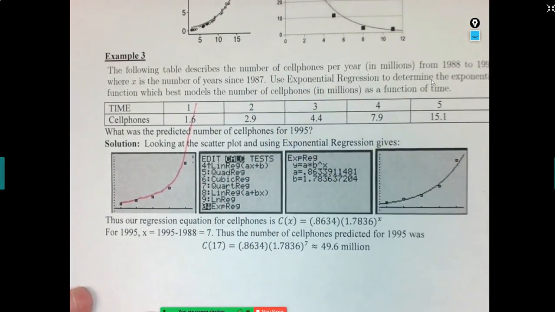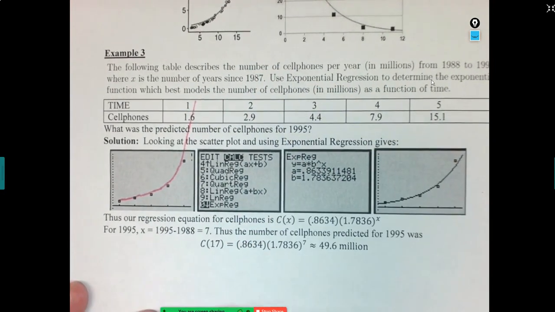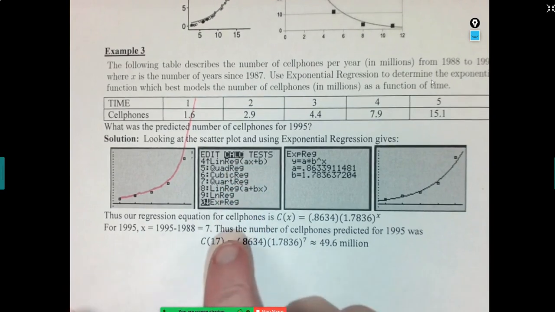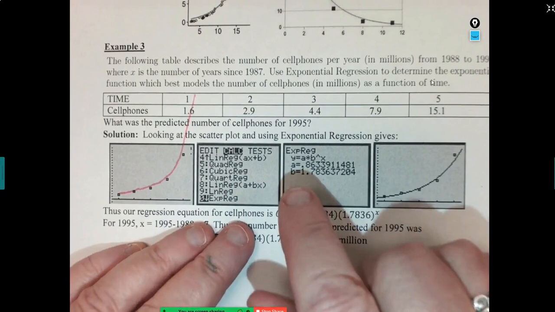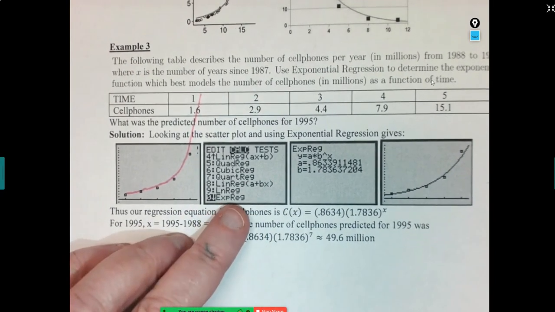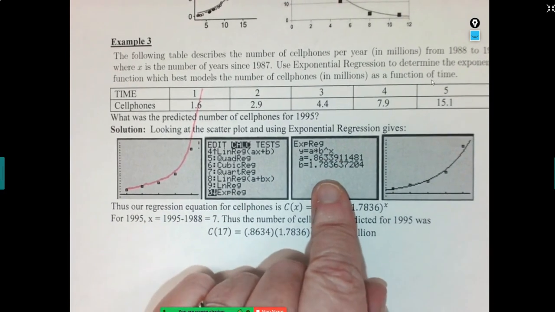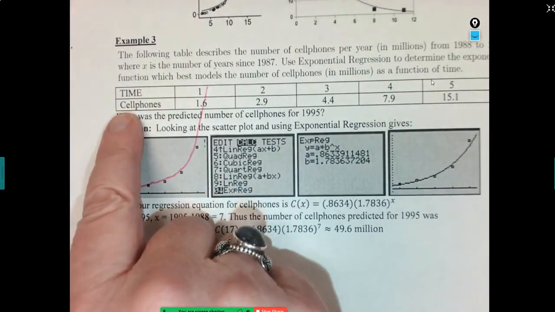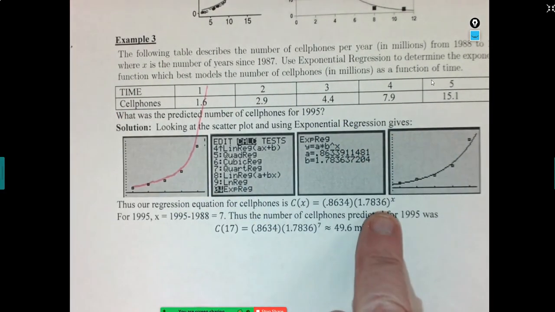But you were told to use exponential regression. Now, when you get exponential regression, you're going to have to scroll, scroll, scroll. And I'm recording here, so it'll keep going. You have to scroll until you find that. And then this gives you your exponential regression equation. And C is a function of cell phones.